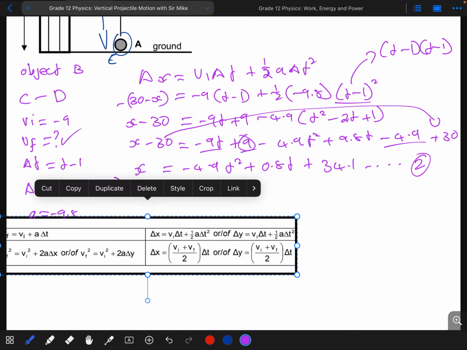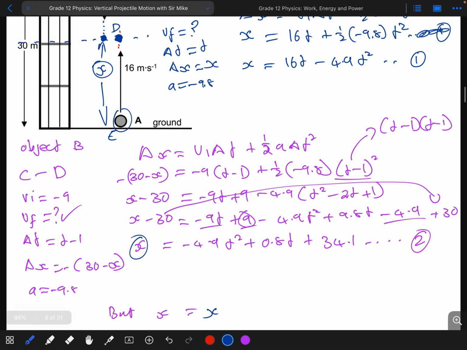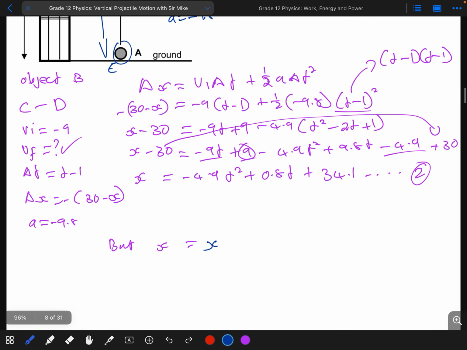Now what I'm going to say is that x equals x. This is the same x that I have here. So I'm simply going to equate those two equations.